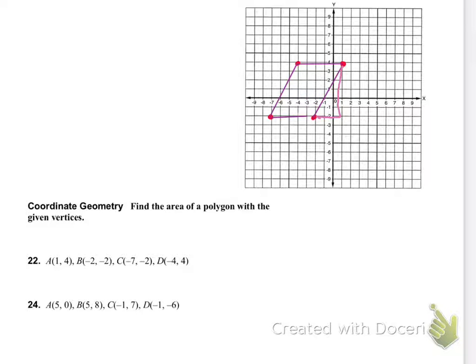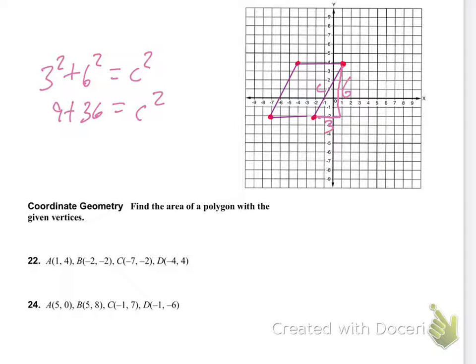So this is 1, 2, 3. This is 1, 2, 3, 4, 5, 6. So I would do 3 squared plus 6 squared equals c squared, and this right here is c. So 9 plus 36 equals c squared.